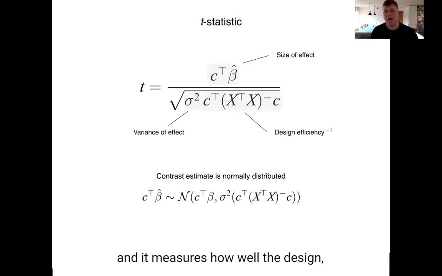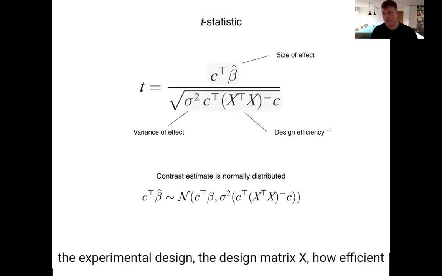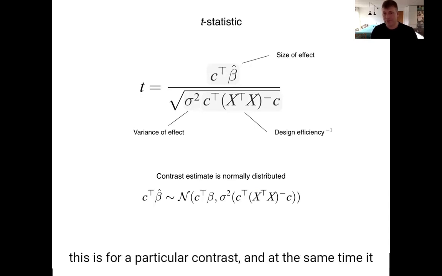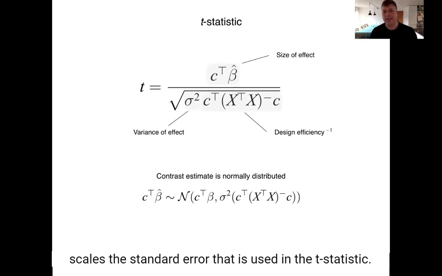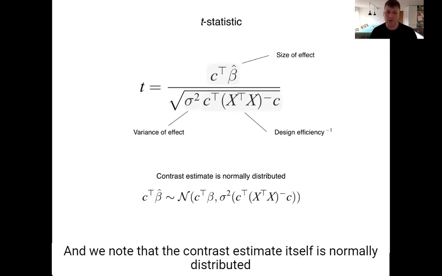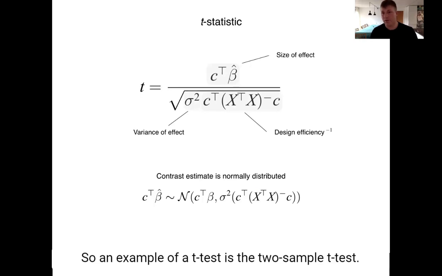And it measures how efficient the experimental design, the design matrix X, is for a particular contrast. At the same time, it scales the standard error that is used in the t statistic. And we also note that the contrast estimate itself is normally distributed.